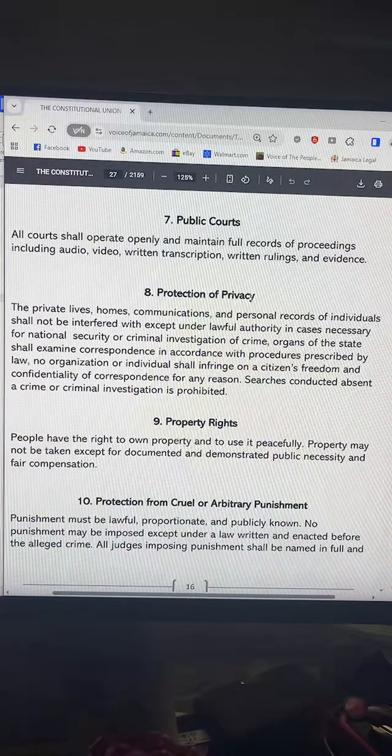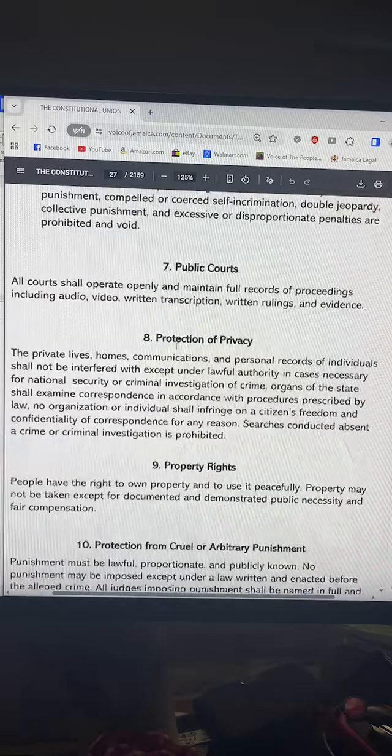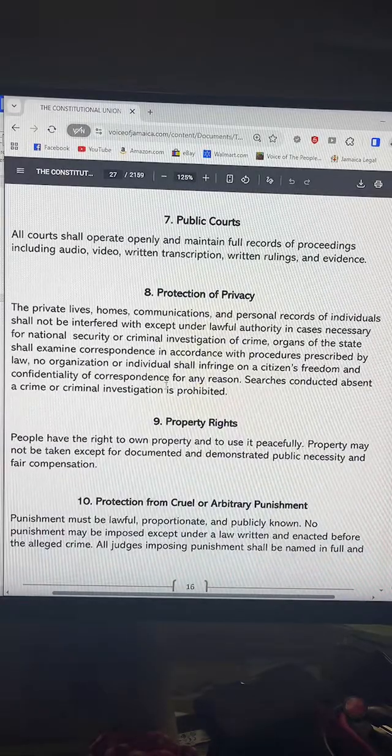So, for the protection of privacy, and we're going over the different rights that we have enumerated in the new Constitution. The private lives, homes, communications, and personal records of individuals shall not be interfered with except under lawful authority.